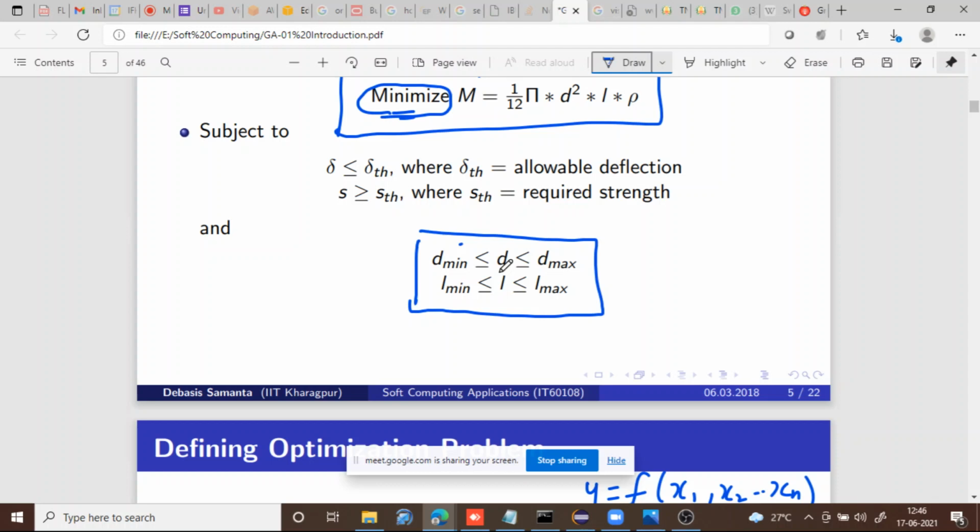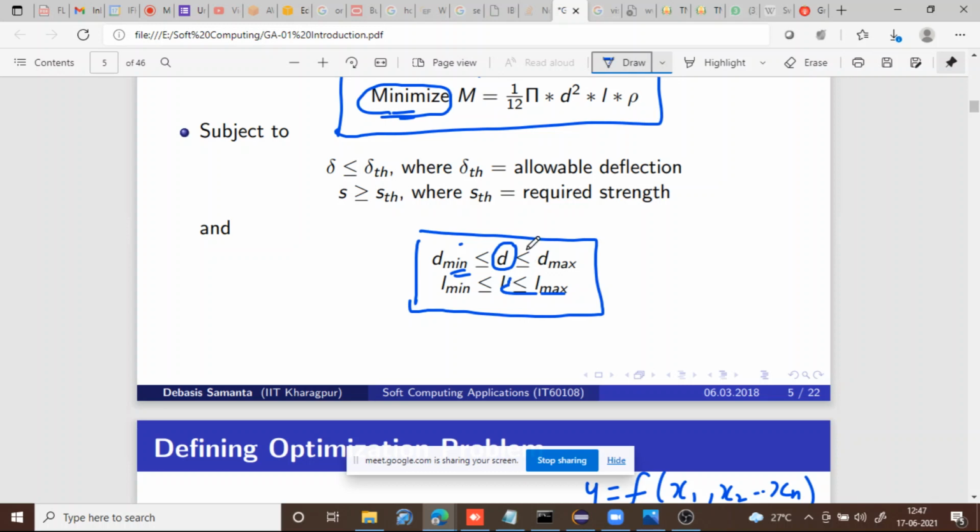Say for example, here this is a constraint. What it says is that the diameter d should be between d min and d max, that is, it should not be less than d min and it should not be greater than d max. And length should not be less than L min and should not be greater than L max.